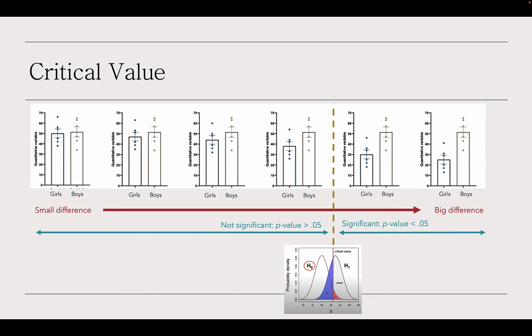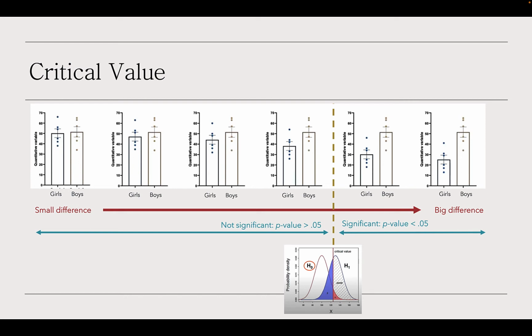And so the 4 graphs on the left of the critical value line all have overlapping confidence intervals. They would not be considered significantly different. In other words, when comparing these 2 means, all the p-values would be greater than 0.05.